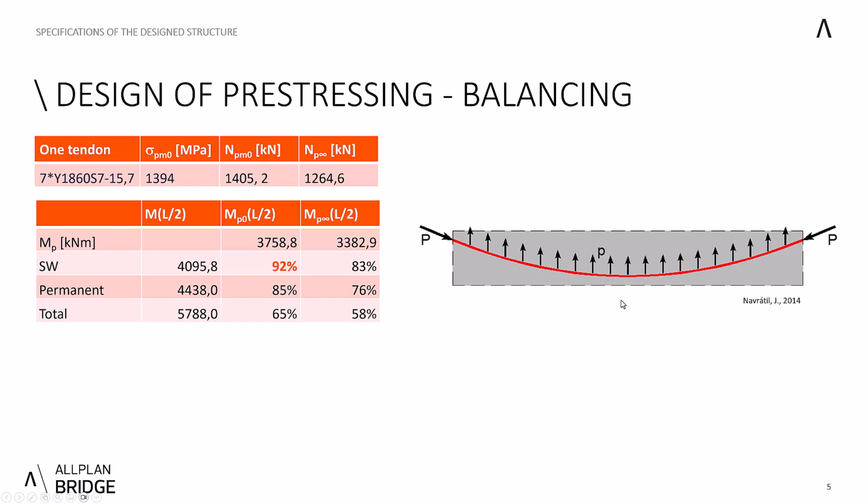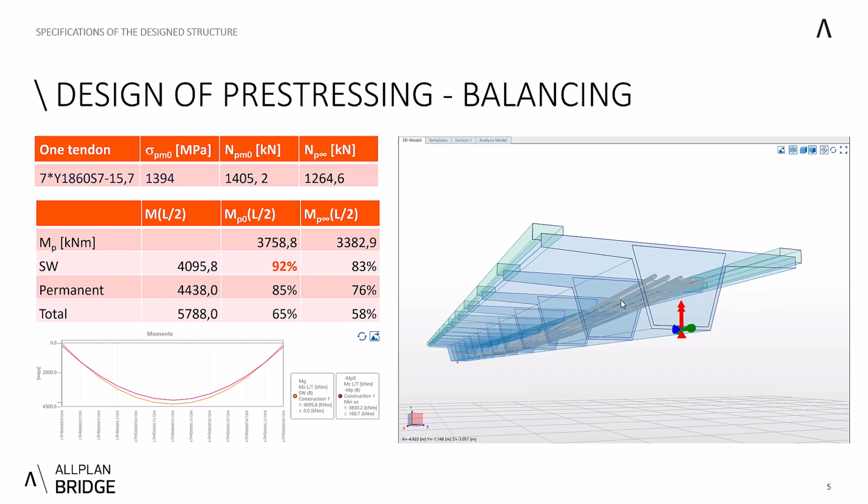The pre-stressing force can be estimated by balancing the permanent loads. Assuming stress and forces in one tendon according to the first table, the minimum number of tendons is 5. 5 tendons balance out 92% of the effects of self weight, as you can see in the second table and in the bending moment diagram.